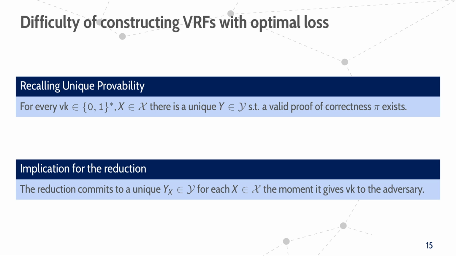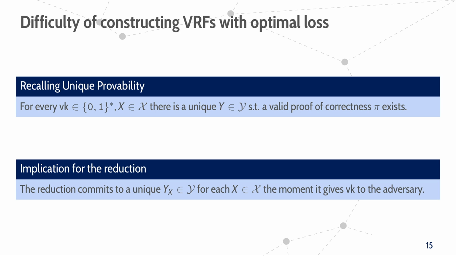It can also not generate something like a lossy verification key that would allow it to indistinguishably forge VRF outputs, because the uniqueness property also has to hold for maliciously generated verification keys. Hence, there is no room for the reduction to lie to the adversary without being caught.